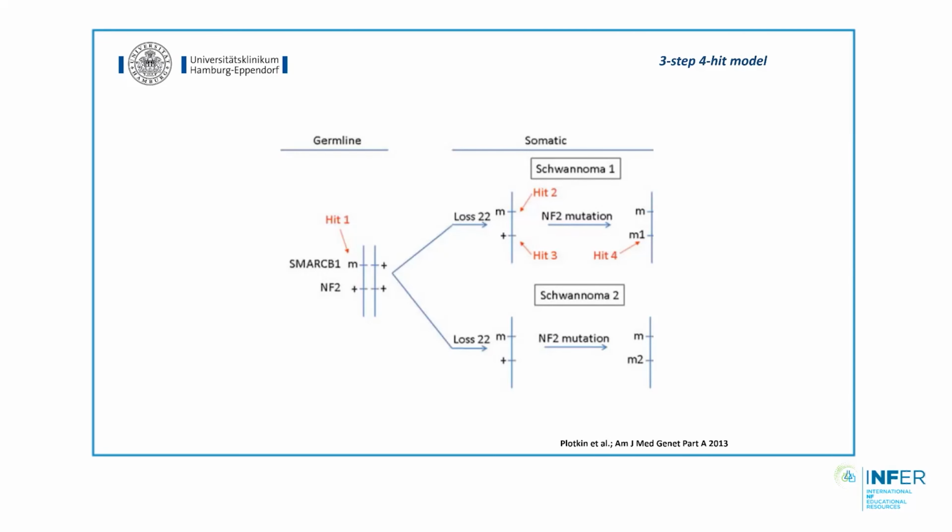This is why different NF2 mutations can be found in different tumors of the same patient with non-NF2-related schwannomatosis, indicating that this is not the underlying germline mutation. However, it is a crucial step in the process of tumor formation that shares steps with schwannoma formation and NF2-related schwannomatosis.